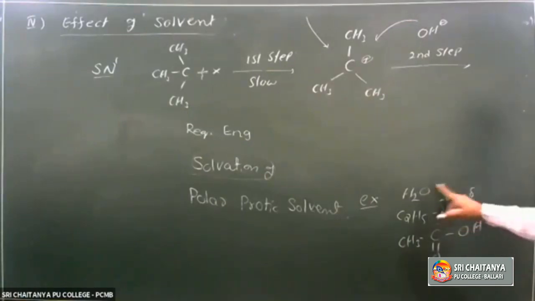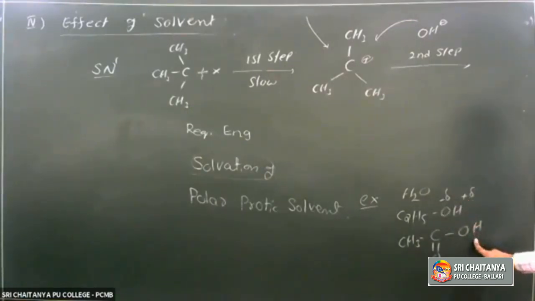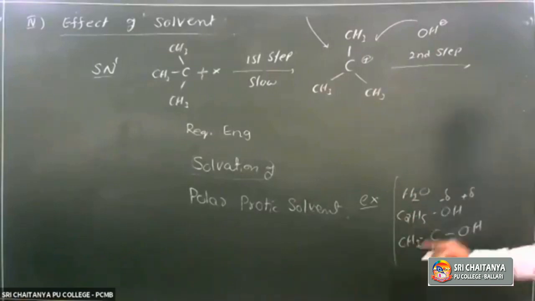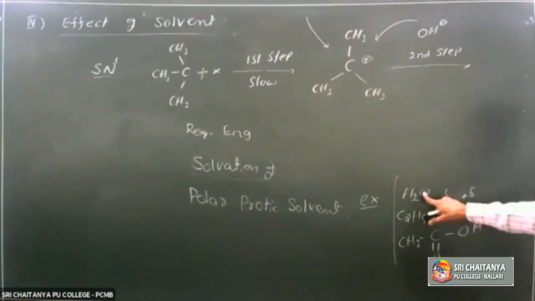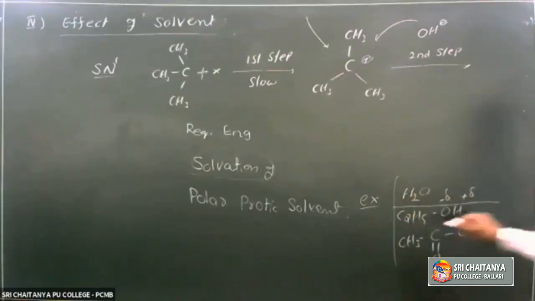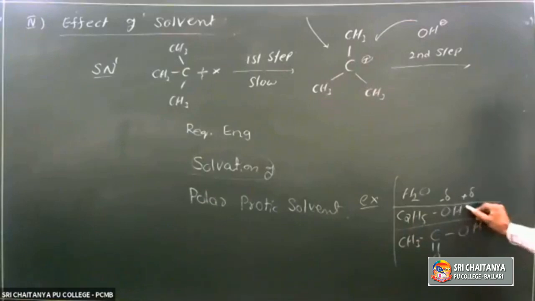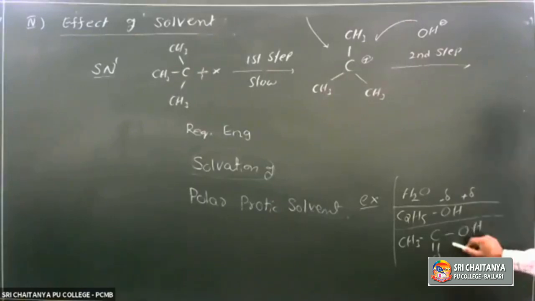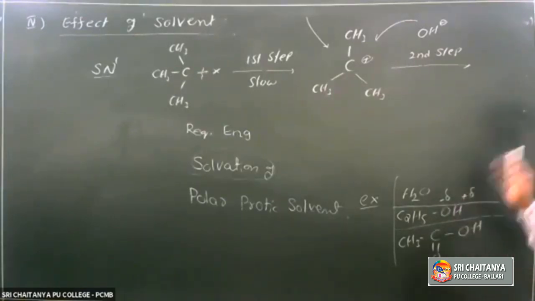It donates a proton, hence they are considered polar protic solvents. It is a polar molecule that can donate a proton. Ethyl alcohol also donates a proton, with a slightly acidic nature. So protic solvents are all polar molecules.